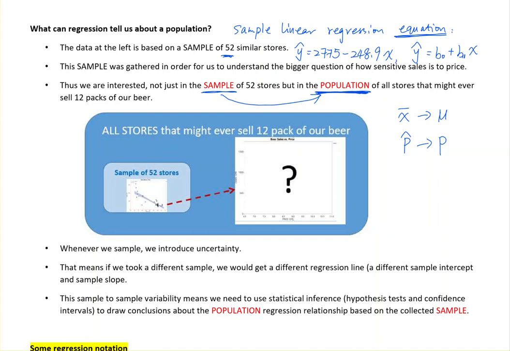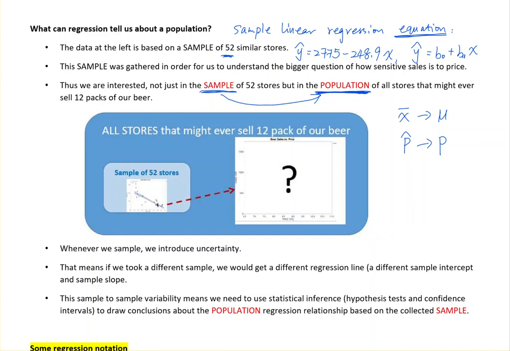So what we do is randomly select a sample, and then we use this sample to estimate the population, right? So we use the simple linear regression equation, which shows the relationship between these two variables in the sample, to estimate the relationship between these two variables in the population.